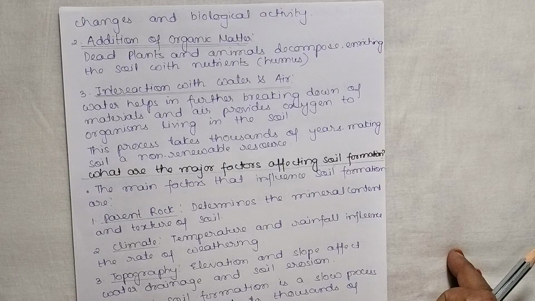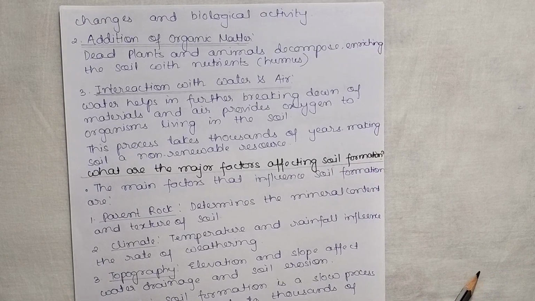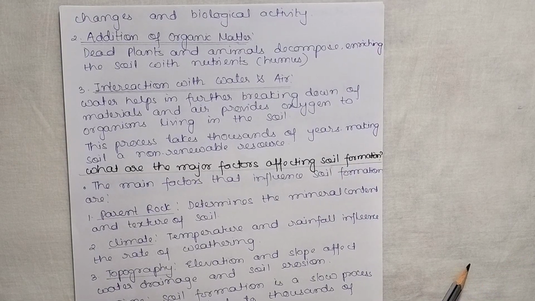Second is the addition of organic matter. Dead plants and animals decompose, enriching the soil with nutrients, that is humus. And third is interaction with water and air. Water helps in further breaking down of the materials and air provides oxygen to organisms living in the soil. This process takes thousands of years, making soil a non-renewable resource, right? So in this way, the soil formation is going on.